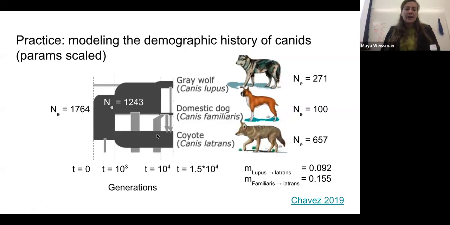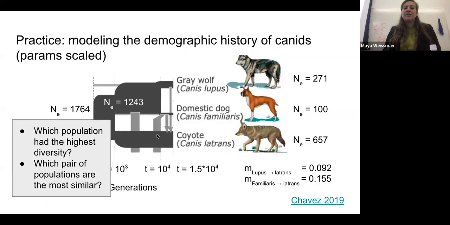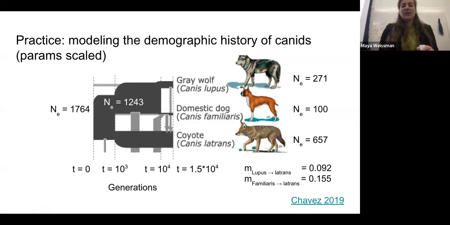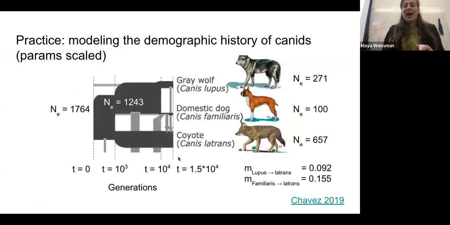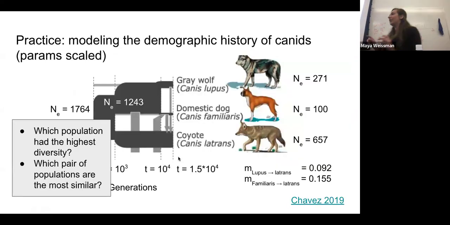And then what I'd love you to do is tell me which populations at the end of your simulations had the highest diversity and which pairs are the most similar. So I don't think I told you how to do that. At the end here, after you run your simulations, you can open up a command line thing and use calc FST and calc heterozygosity.